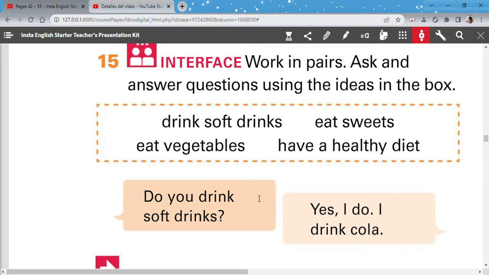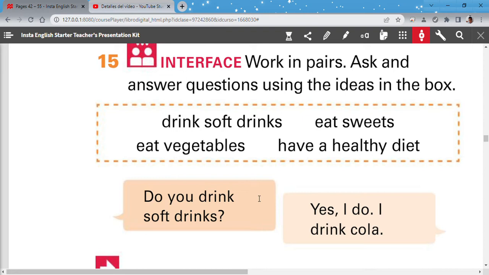Do you drink soft drinks? Yes, I do. I drink cola. So in this case, yes, I do, and there is a period, un punto, and then you give extra information. I drink cola. No, you don't say yes, I drink cola. Yes, I do, period. I drink cola. I drink Coca-Cola, Inca Cola, Fanta, Sprite, 7 Up, whatever.